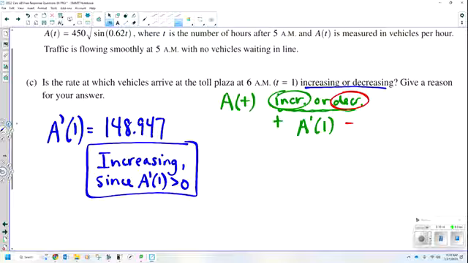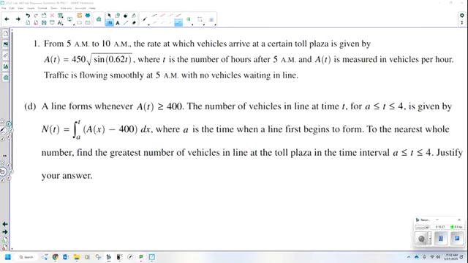So A, B, and C were pretty simple. Oh boy, that means D might be a little bit of work, but we got this. 1D. A line forms whenever A of t is greater than or equal to 400.